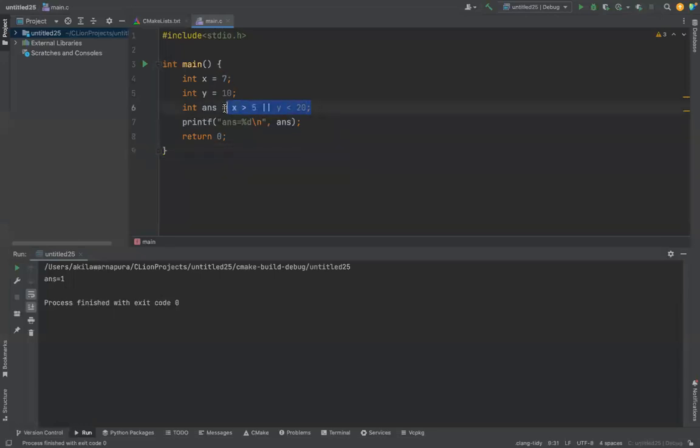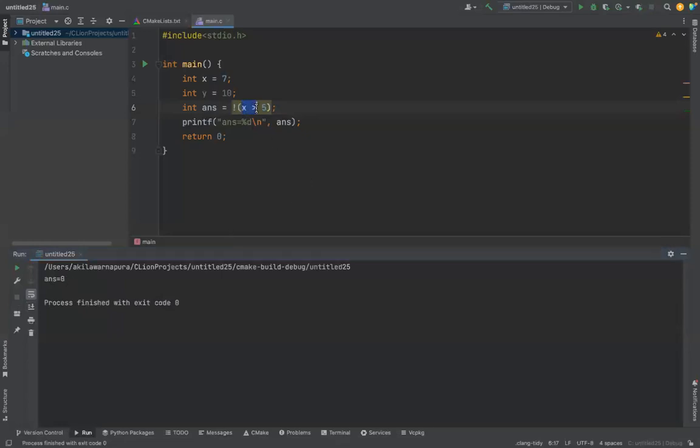Okay, that means we can use x greater than 5. If you run this program, yes, the x greater than 5 condition is true, therefore the output is 1. Not operator means if you use the bracket for this one and put the not operator in front of it, then the output is 0.